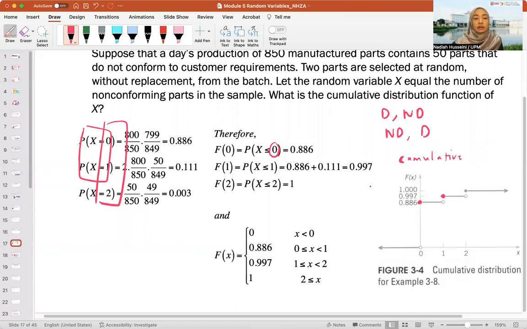If this is a real probability mass function, or a real probability density function, oh my god, this is a mouthful, then it will always be equal to 1. It means that it is complete.